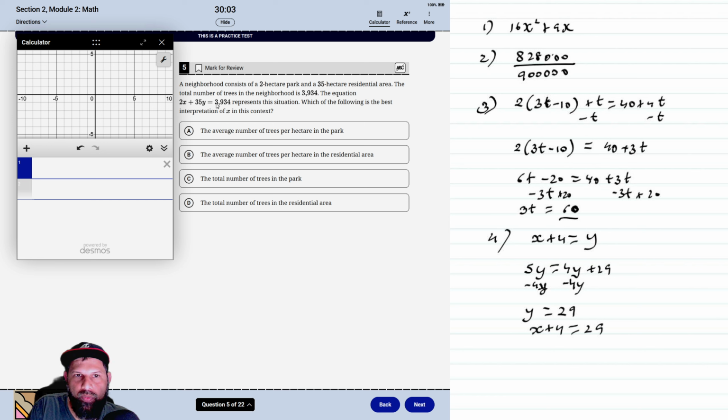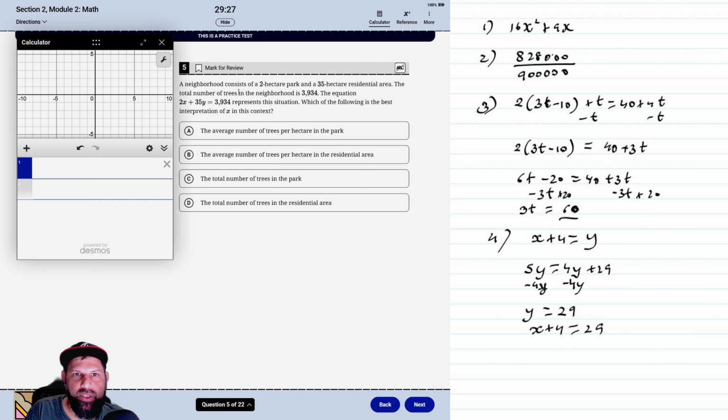Okay, so we know that 3934 is the total number of trees, right? And 35 is the area of the residential area, 35 hectare, and 2 hectare is that of the park. So it looks to me that the value of x is going to be the number of trees per hectare in the park, and y is going to be the number of trees per hectare in the residential area.